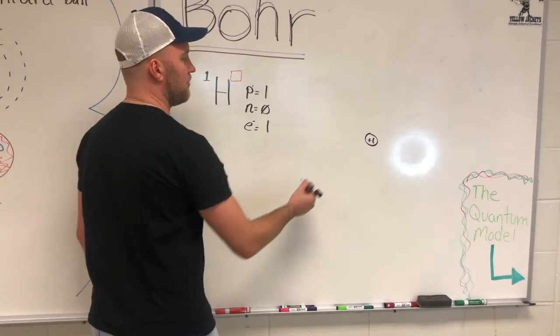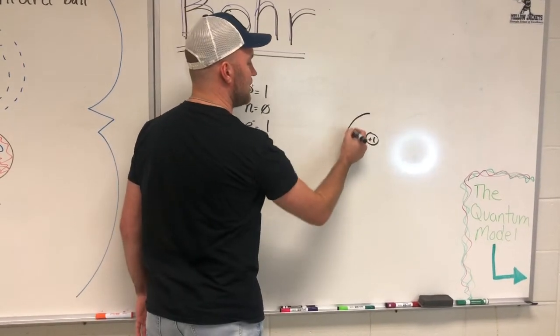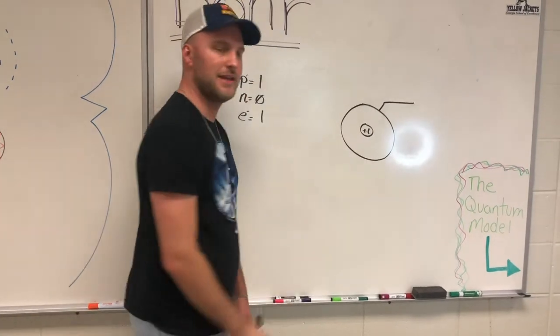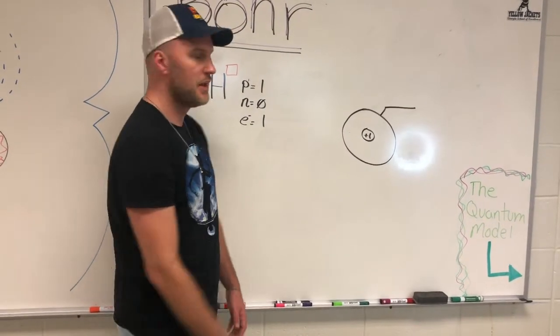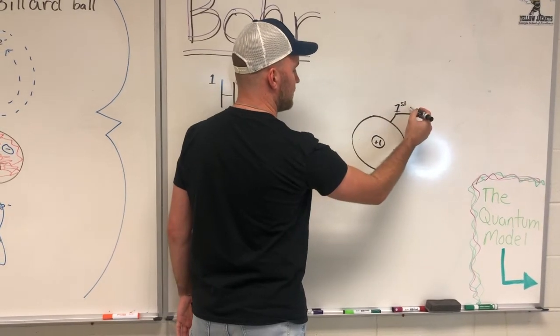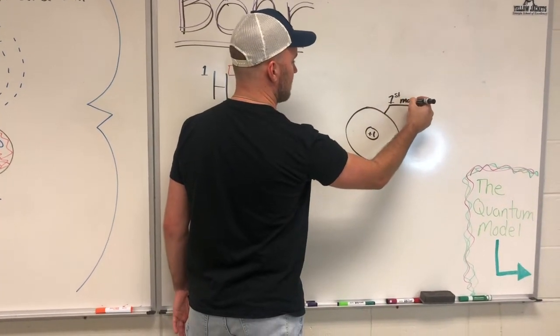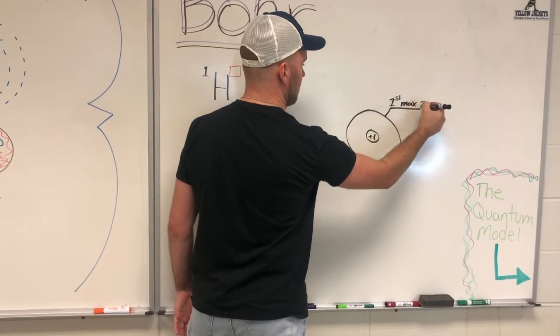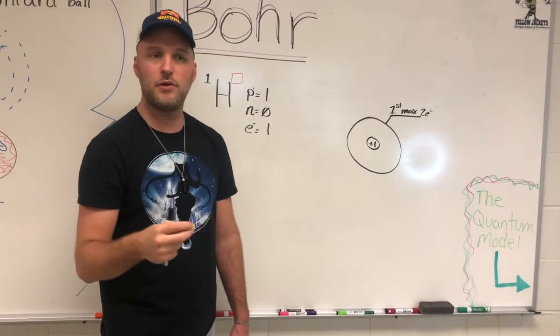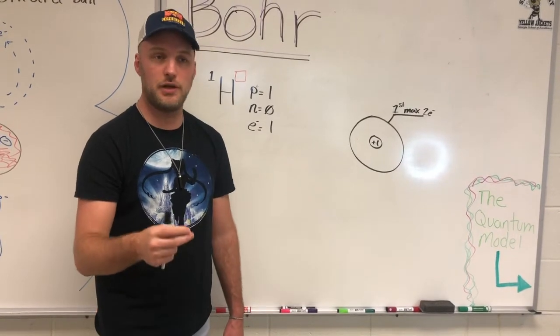Now, the key feature of Bohr's model is that it has energy levels. So only a certain number of electrons are permitted in any given energy level. In the first energy level, we can fit a max of 2 electrons. We can put in 1 if we want to. We can put 2 if we want to.